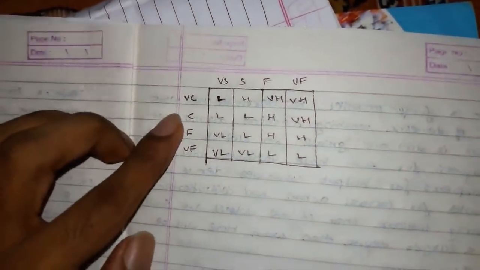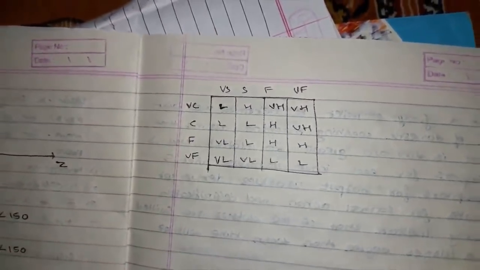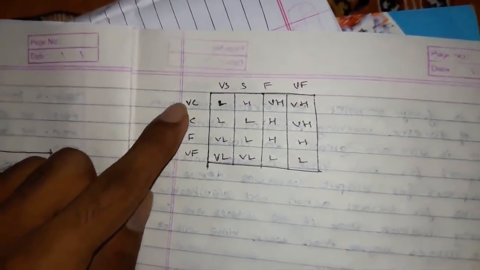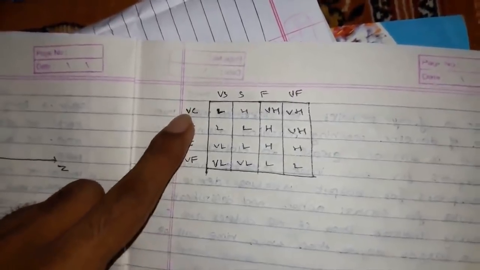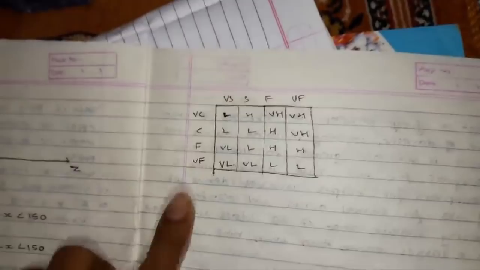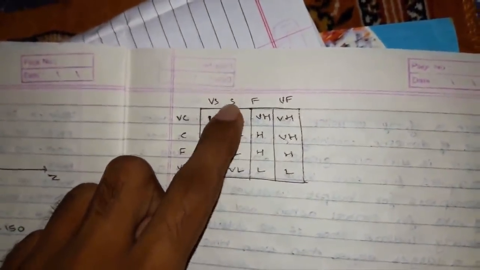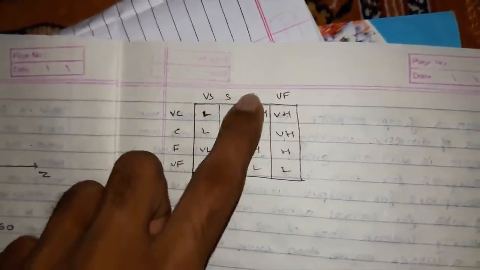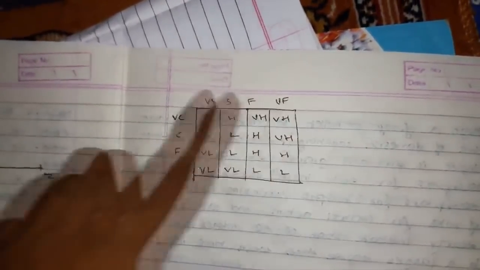Here there can be mistakes that most people make. I am taking one input as very close, close, far, very far. This is the distance, and this is very small, small, fast, very fast. This is the speed.